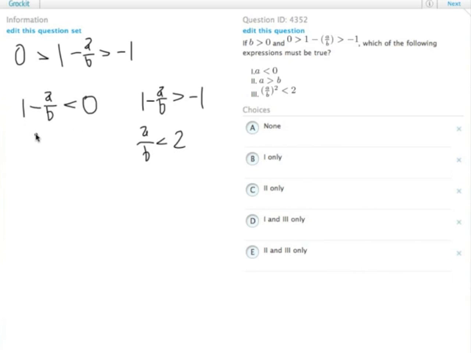Over here, we can simply add the a over b to both sides. We end up with a over b is greater than 1. So now we know that a over b is less than 2 and greater than 1.